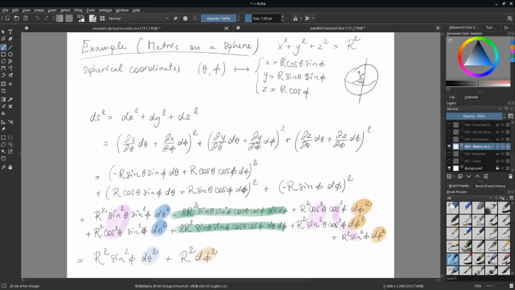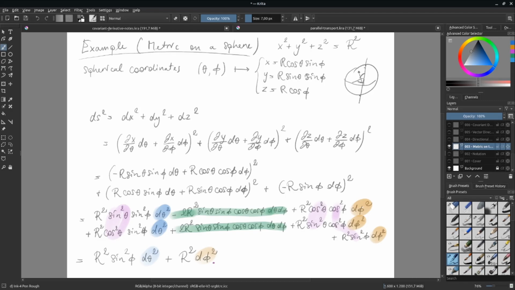As luck would have it, the cross terms cancel out, and we're left with terms in d theta squared that have sine theta squared plus cosine theta squared, which add up to 1. So we end up with r squared sine squared of theta times d phi squared. I said theta here, but it should be phi. Similarly with the d theta squared, we get a similar simplification, and we get r squared d theta squared.